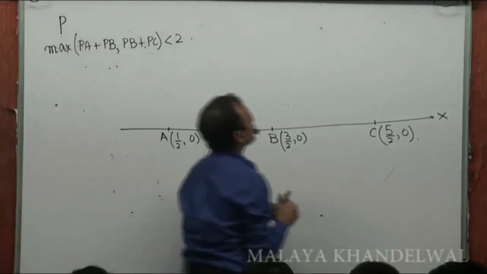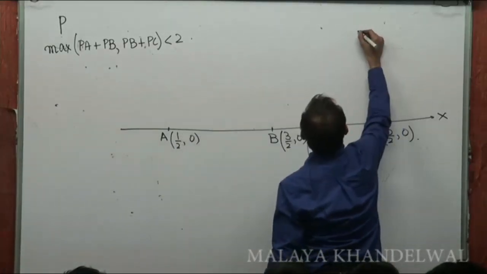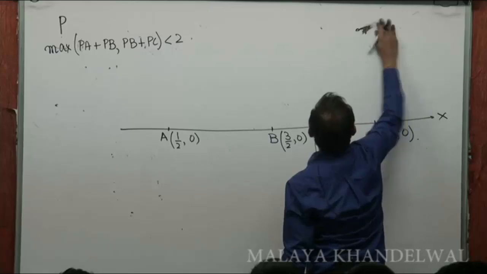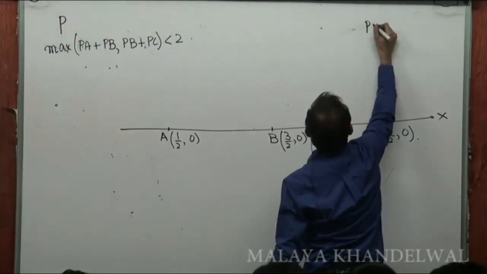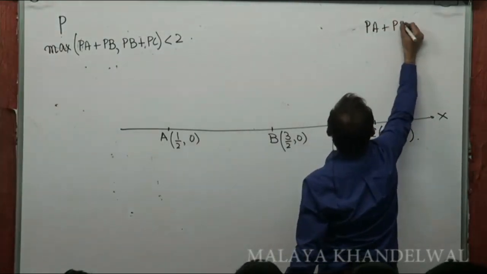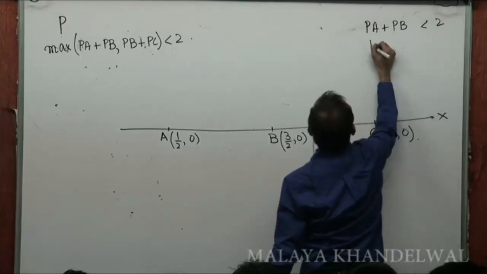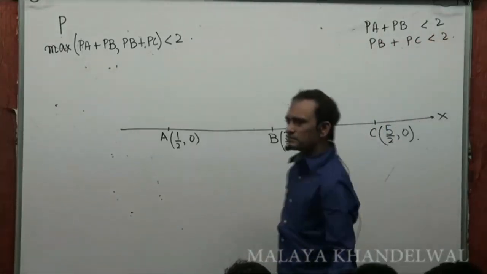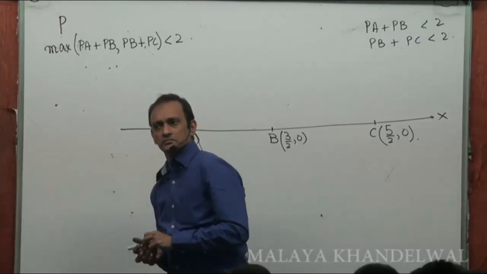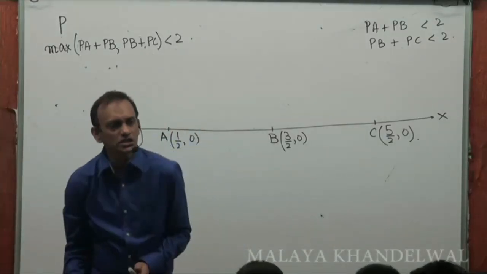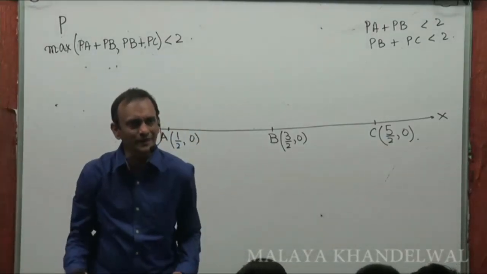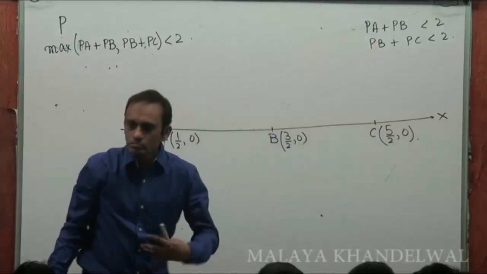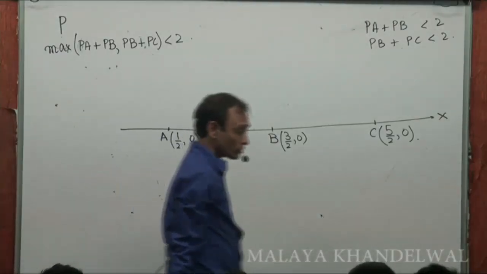But that means, can I not say that P is such that PA plus PB must be less than 2 and PB plus PC must be less than 2? Right? If the larger does not exceed 2, then each one of them will be less than 2. Such must be P.